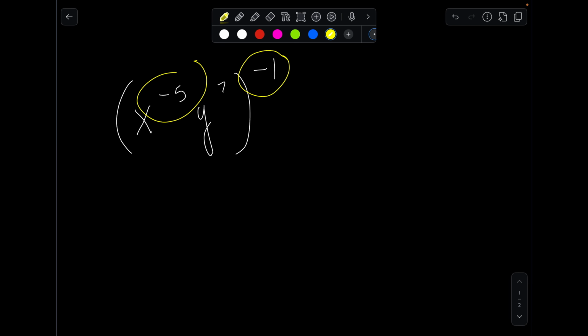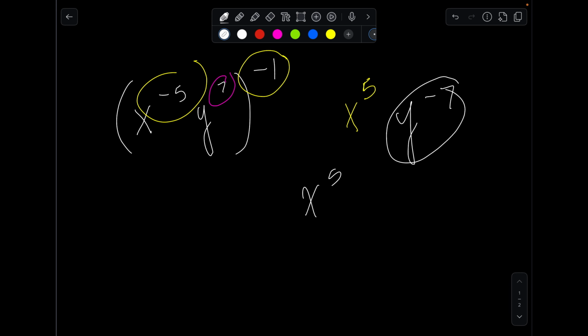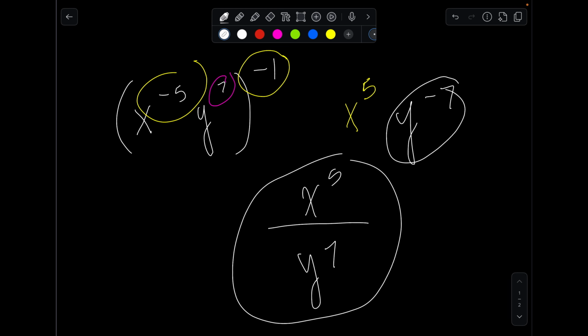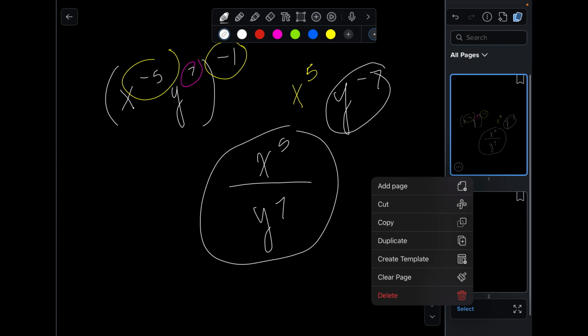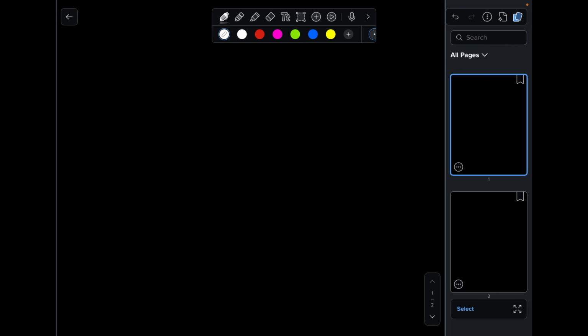Bam and bam. So you should have gotten x to the fifth power, positive, right? Because this is positive 5 when you multiply. And then 7 times negative 1 gives you negative 7. Who goes to the bottom? Yep, he goes to the bottom. The x to the 5th stays, y to the 7th at the bottom. Did you get that one right without my help? Okay, and last one.